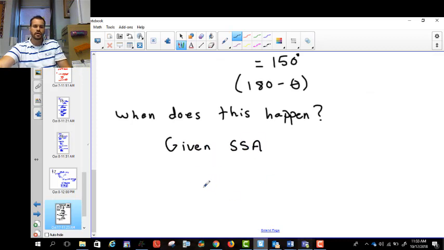So if I draw a triangle, I'm given a side, let's say a, I'm given a side b, and then I'm given an angle, and we'll call it capital A. So we're given an angle over here and two sides. That's when this happens.